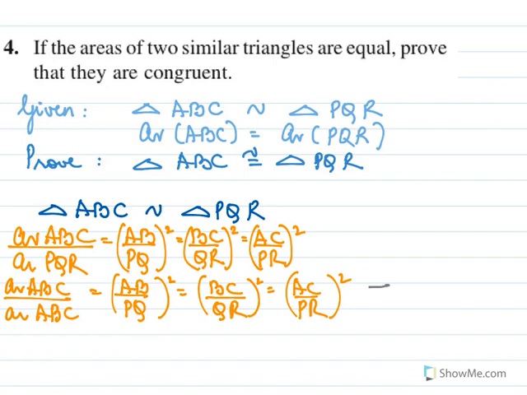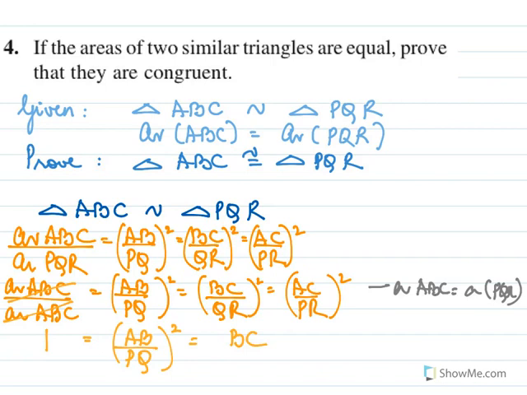The reason for this is area ABC equal to area PQR, which is given to us. Now I can cancel on either side. ABC cancels, it becomes 1.